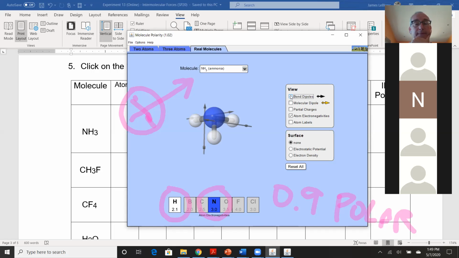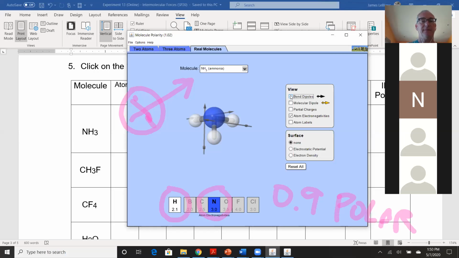Why do you think 120? What's the shape of this molecule? Tetrahedral? Yeah, trigonal pyramidal.